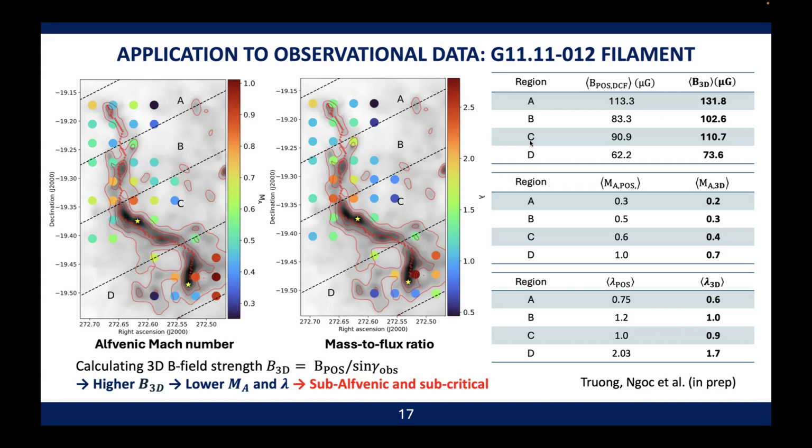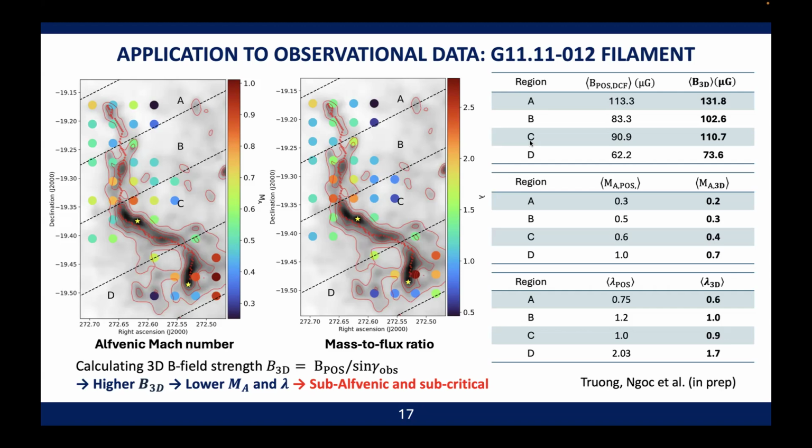For the case of G11, we apply this pixel by pixel. We have the inclination angle from the Stokes observation by pixel, as you can see in the right panel.